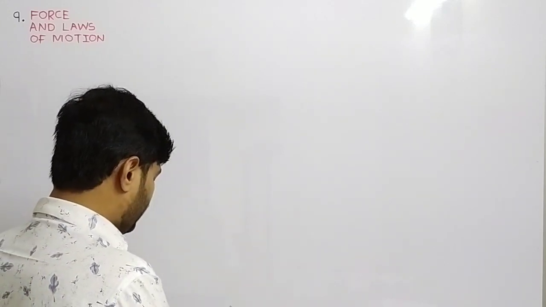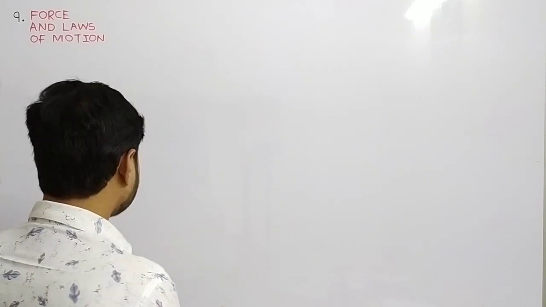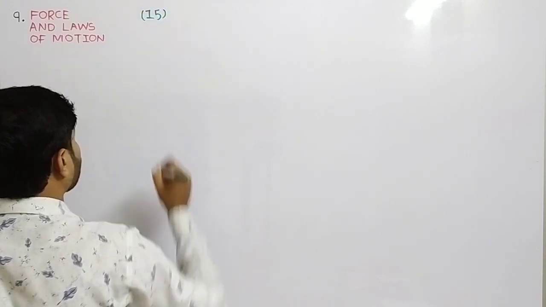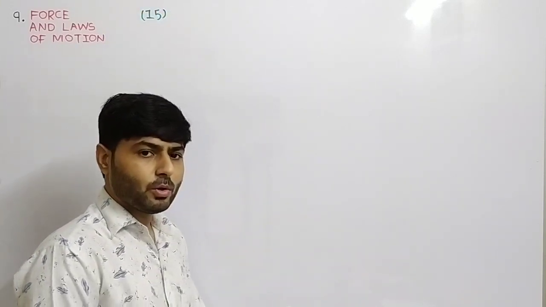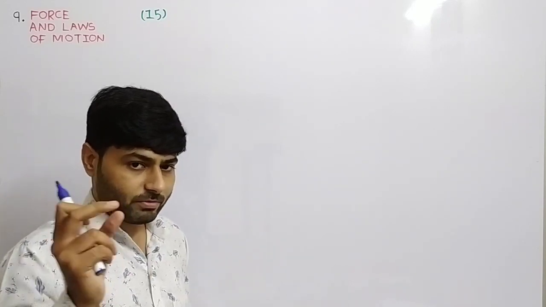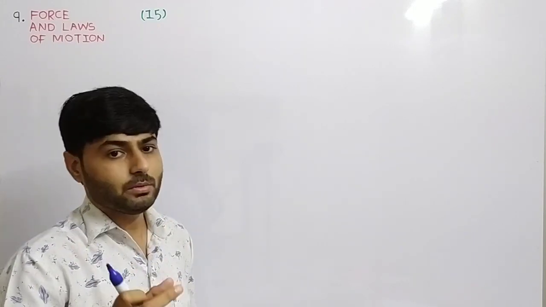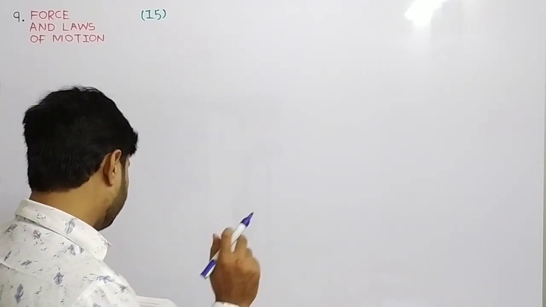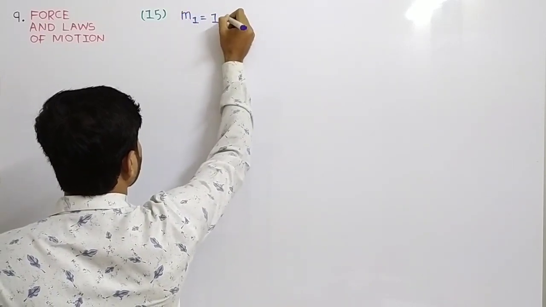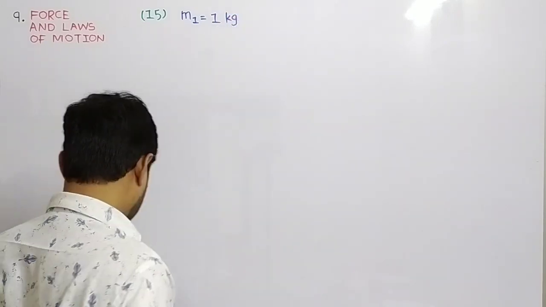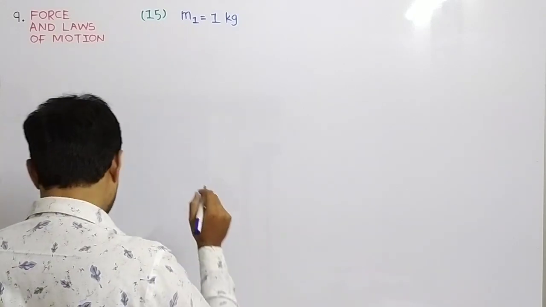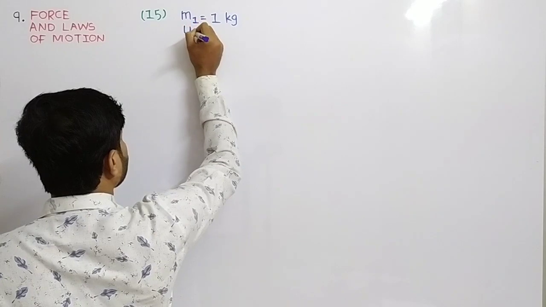So we have question number 15. Here we have two objects, so I will give object number 1 suffix 1 and for the other object I will give suffix 2. So mass of first object, that is m1, is 1 kg, traveling in a straight line with initial velocity, that is u1, 10 meter per second.